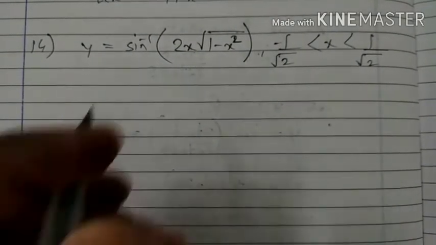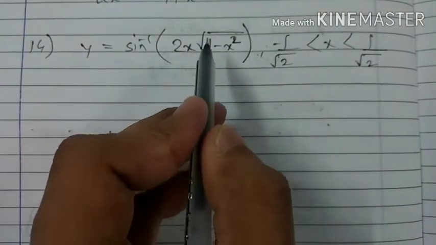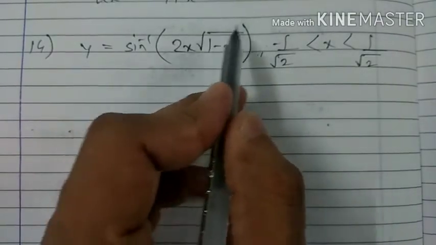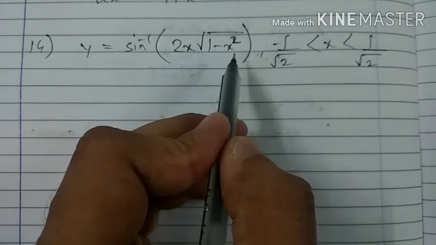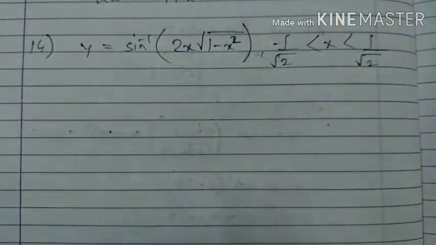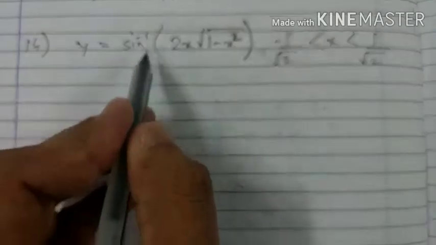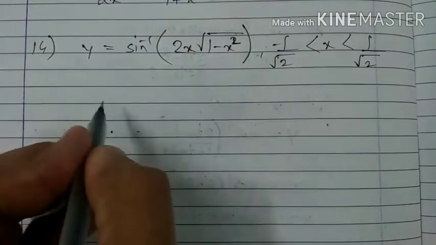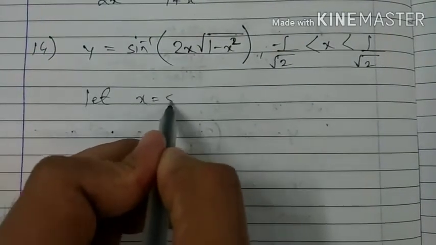For this question, whenever there is a root of 1 minus x square in the given function, we can assume x equal to sine theta or cos theta. Here the outer function is sine inverse, so we'll assume x equal to sine theta.